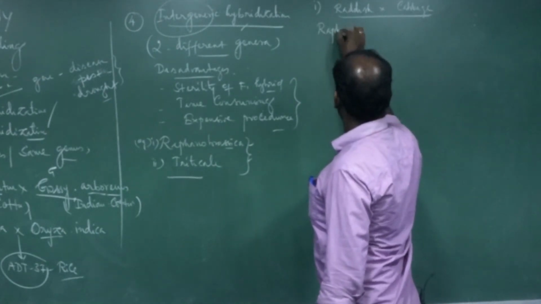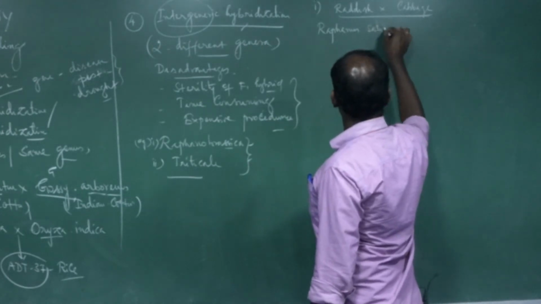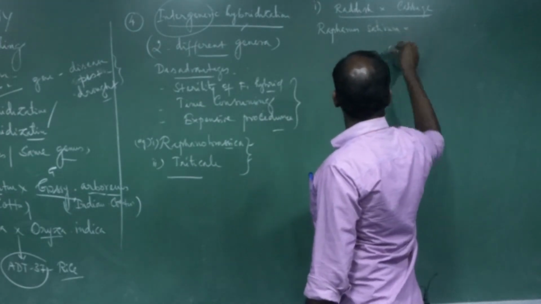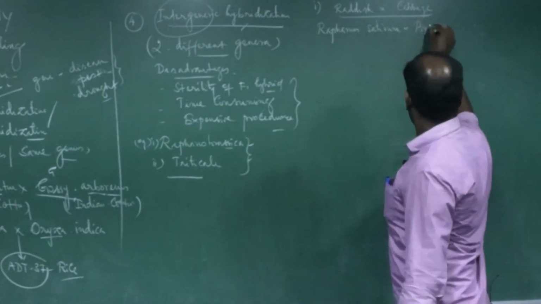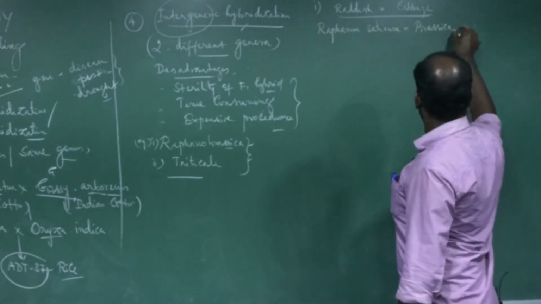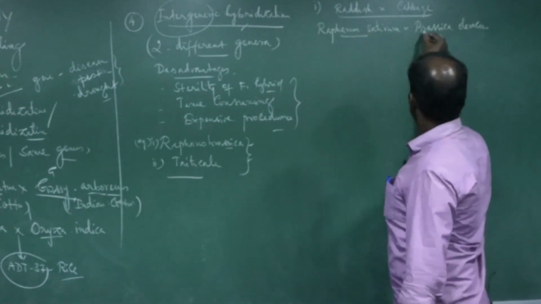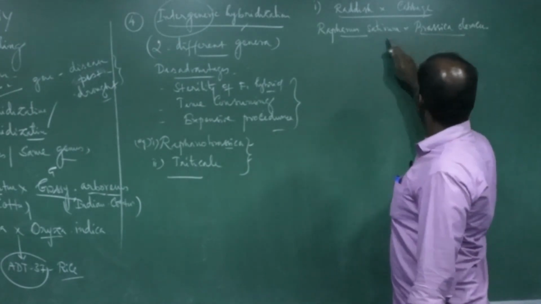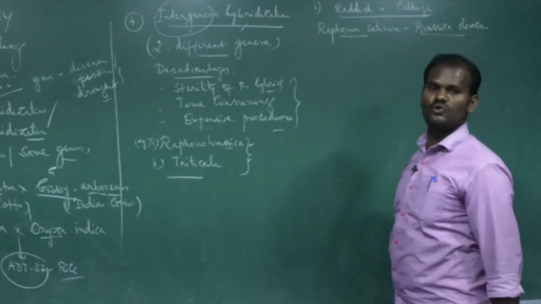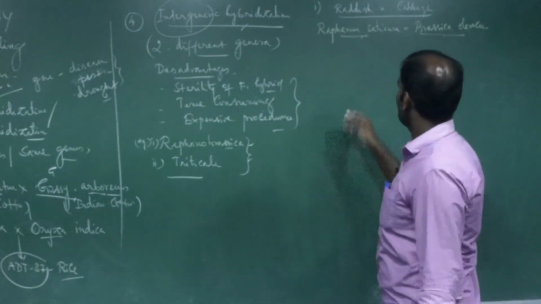Raphanus sativus crossed with Brassica oleracea. These are the two varieties. The species differ, and the genus also differs. These are two different genera.